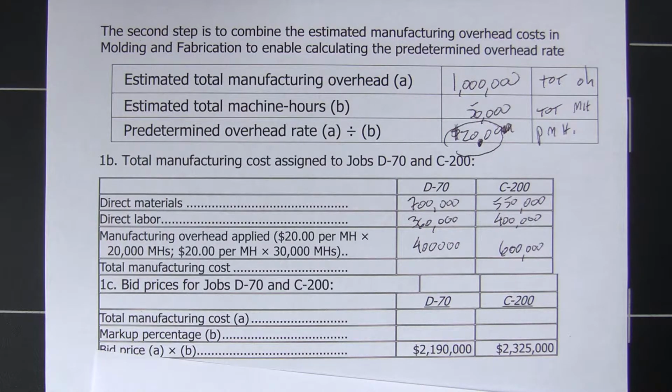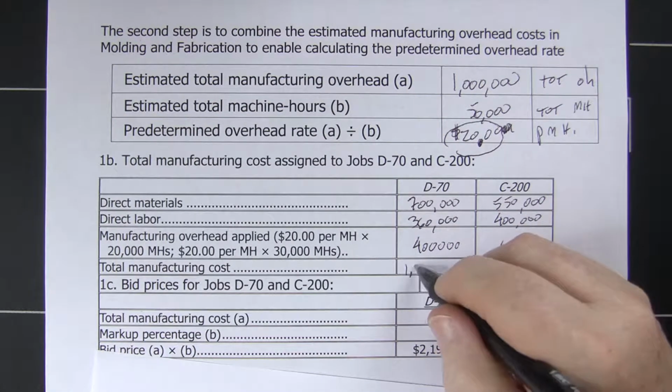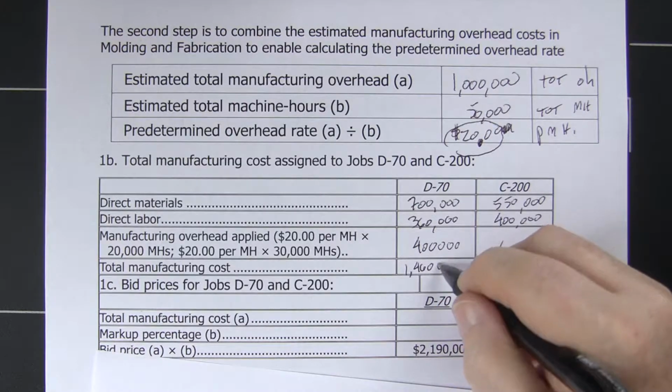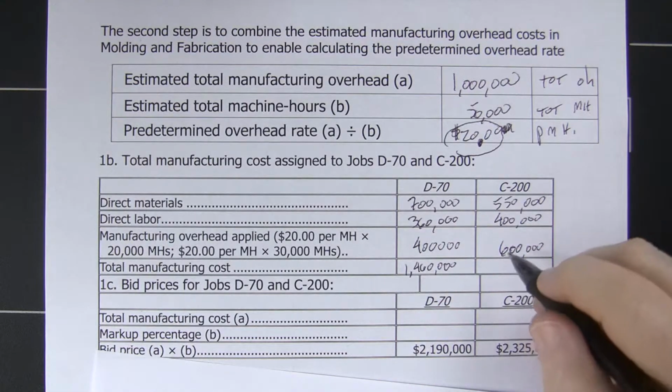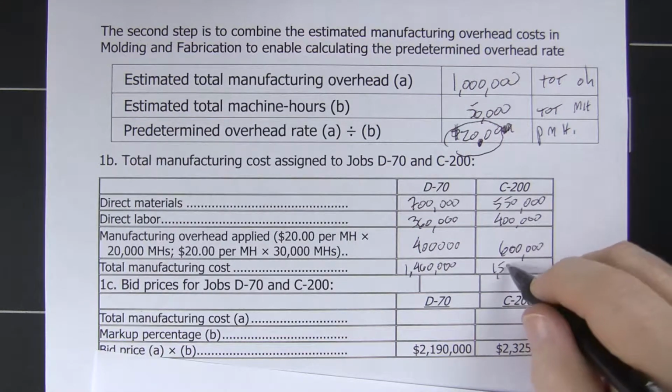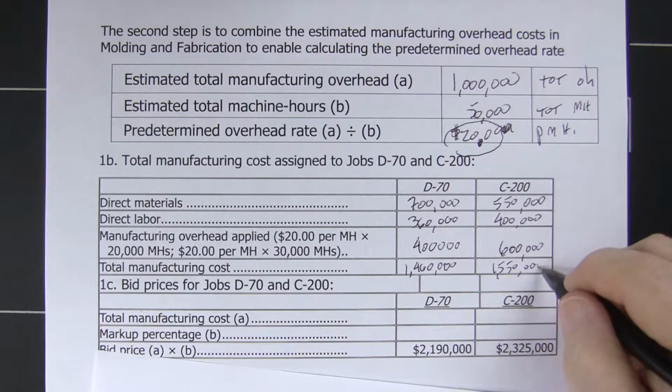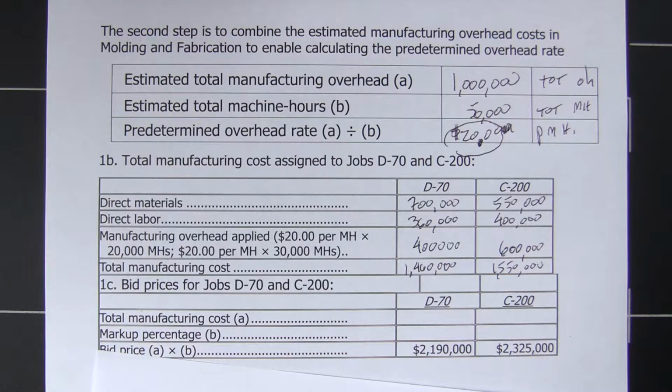So the total manufacturing cost is 1,460,000 for D70 and 1,550,000 for C200.